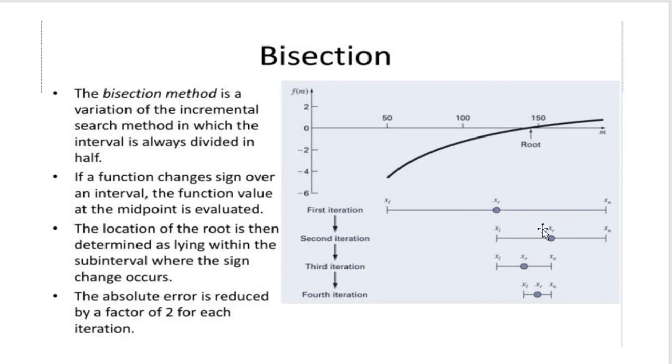In the next iteration, again it is halved and it becomes 1/4 of the initial range. So every iteration we are reducing the search range by half, and slowly we are approaching the root.